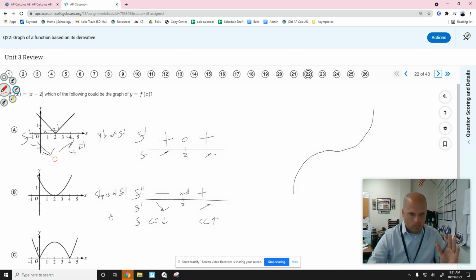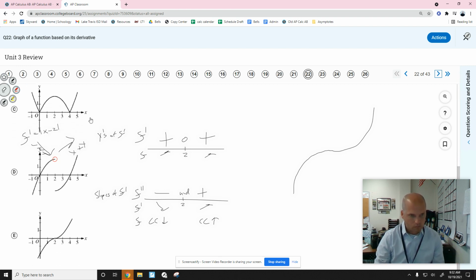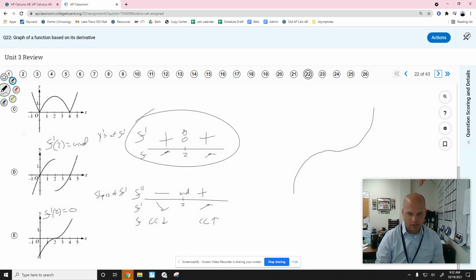So this graph here, f prime at 2 is undefined because there's a discontinuity. But this graph here, you can see f prime of 2 looks to be 0. So it's that point that's going to differentiate the 2 situations and give me the correct shape. That's why I select E.